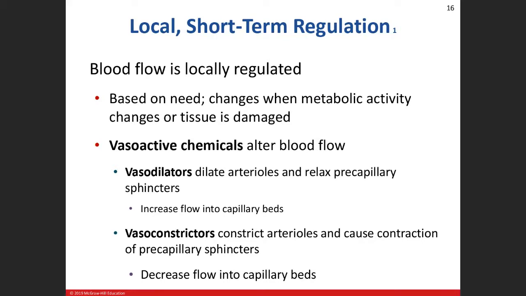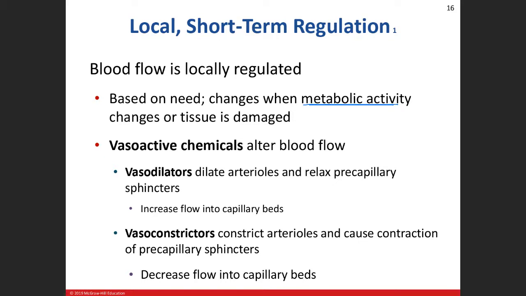So now we're going to talk about how we are going to regulate local flow through some chemicals. What is going to actually determine the need for that blood flow? Well, what are the tissues metabolically undergoing? What are they doing?